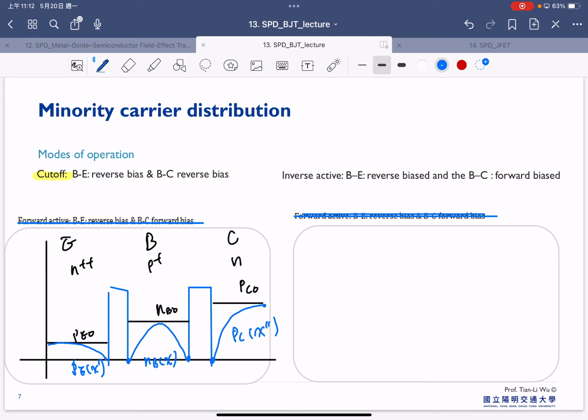And the last one is inverse active. The inverse active is exactly opposite compared to the forward active.